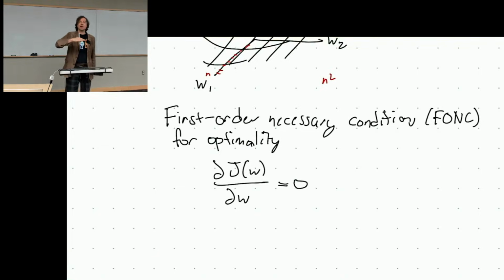Now, you've all taken calculus. You know, technically speaking, it could be at a maximum or at a critical point. So how do you determine if you're at a minimum as opposed to a critical point or a maximum? Second derivative. The second derivative will tell you if it's concave up, therefore the bottom, versus top.